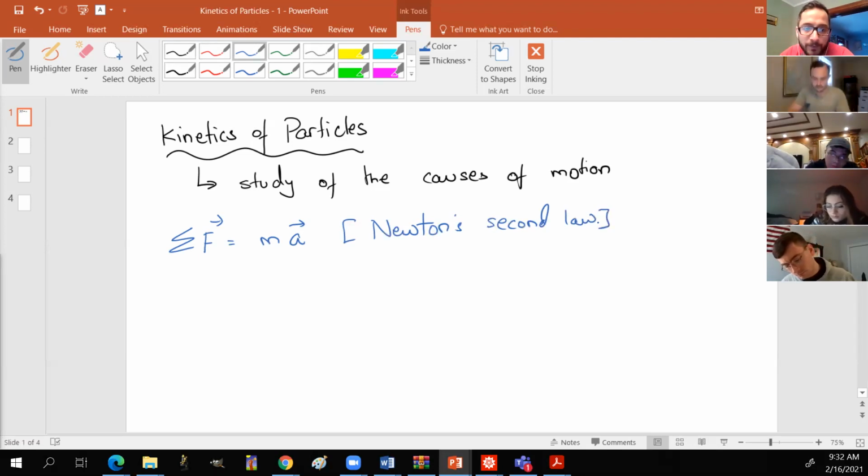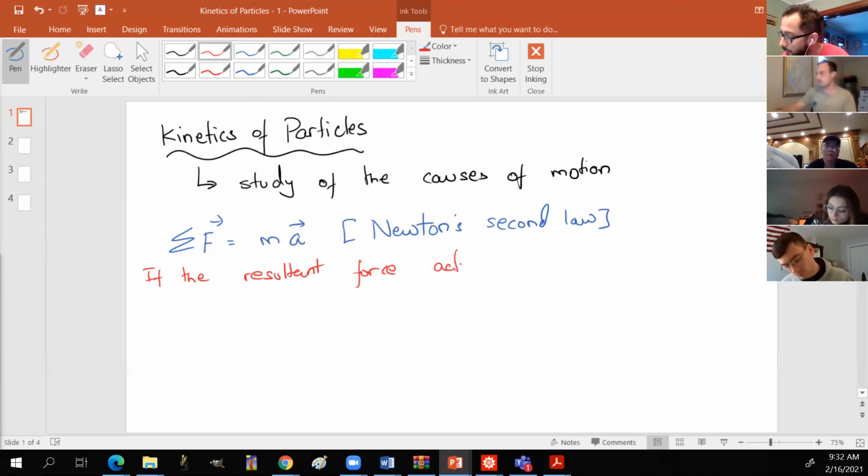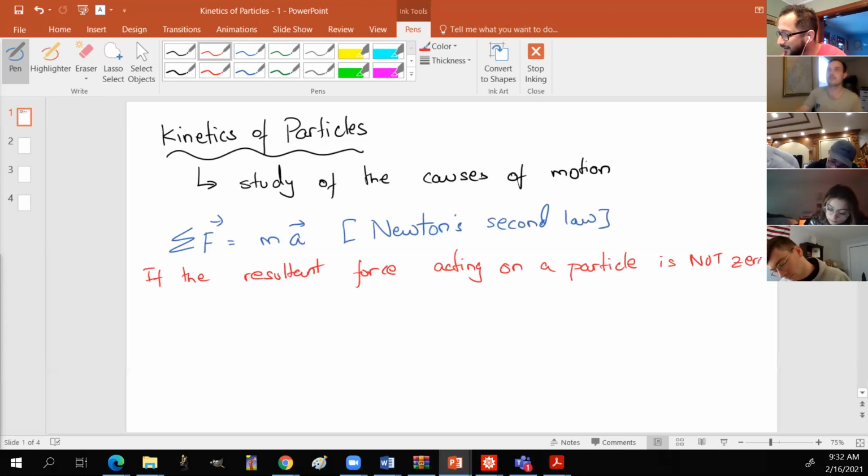All right, so let's write it out in words because I'd like to be complete. If the resultant force acting on a particle is not zero, right? So when is it zero? When we're looking at statics. When stuff is now moving, here we have movement.